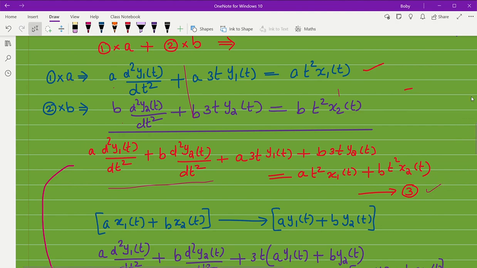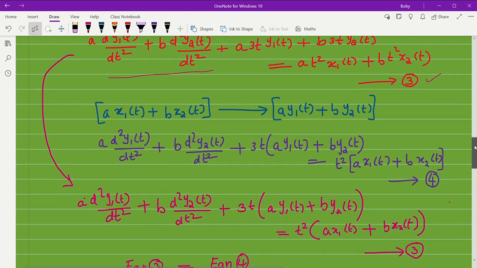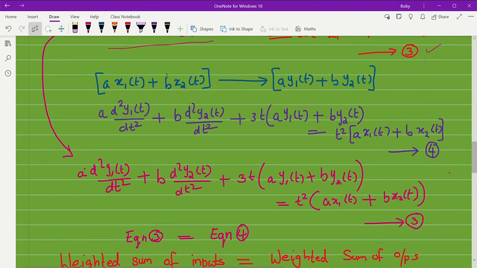After that, coming to the next step number 4, we have to consider the input as a x1 of t plus b x2 of t and we have to consider the output as a y1 of t plus b y2 of t.